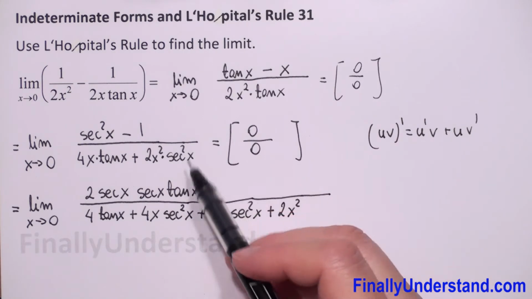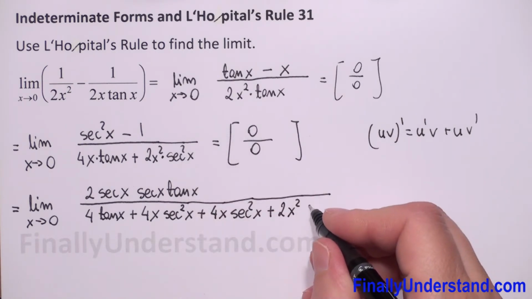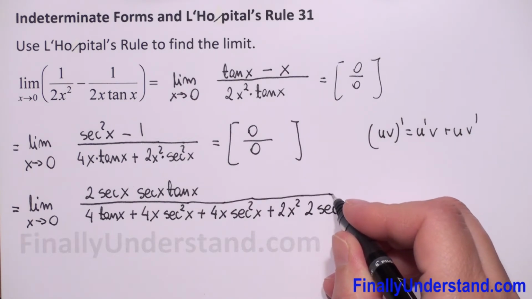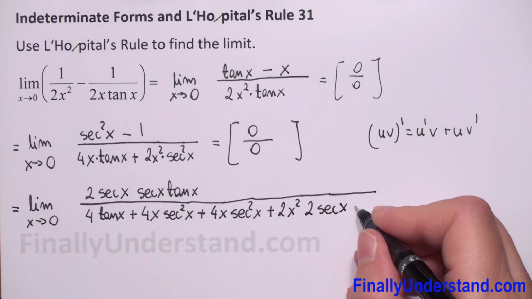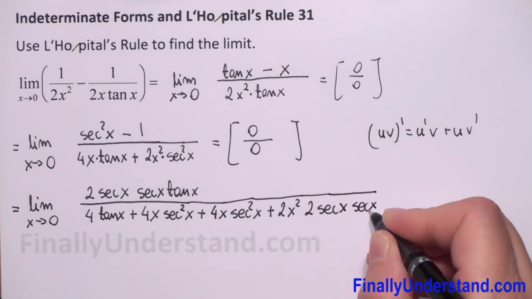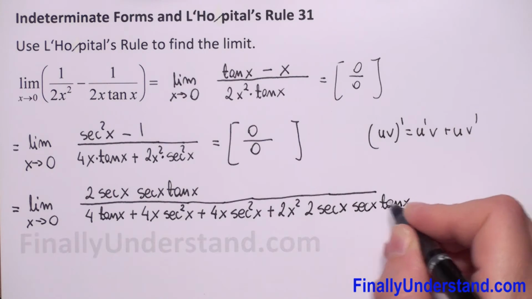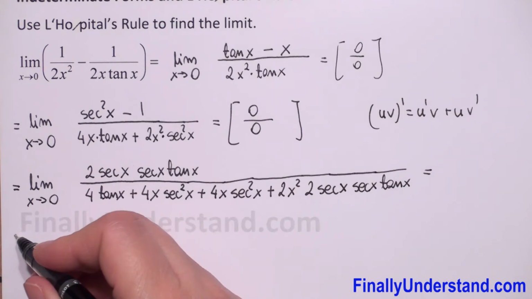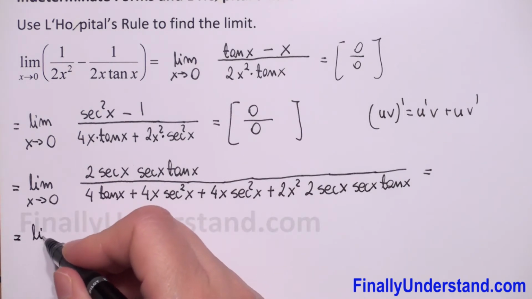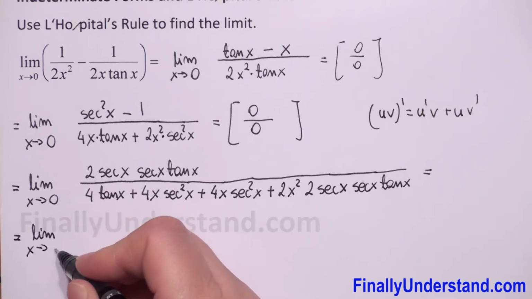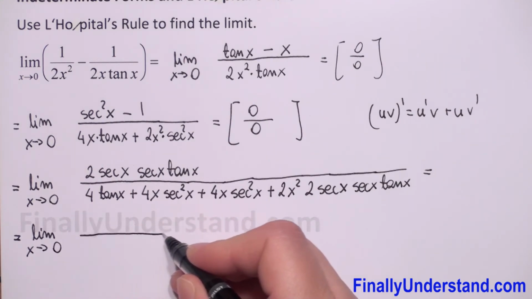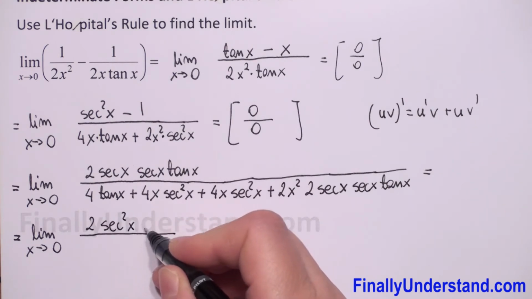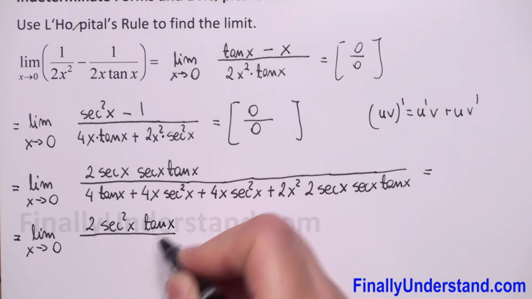the derivative of secant square of x. So we have to first take down this 2. So it will be 2 times secant of x, and the derivative of secant is secant of x times tangent of x. So this is equal. Let me rewrite this limit as x approaches 0. In the numerator we have 2 times secant square of x times tangent of x.